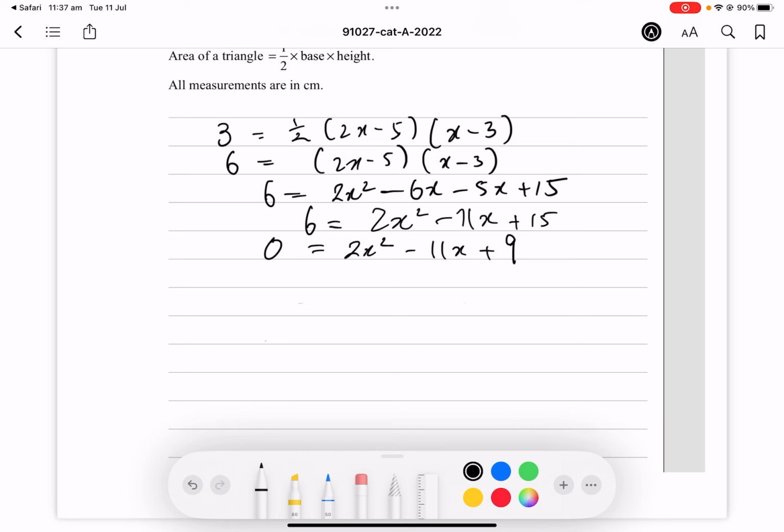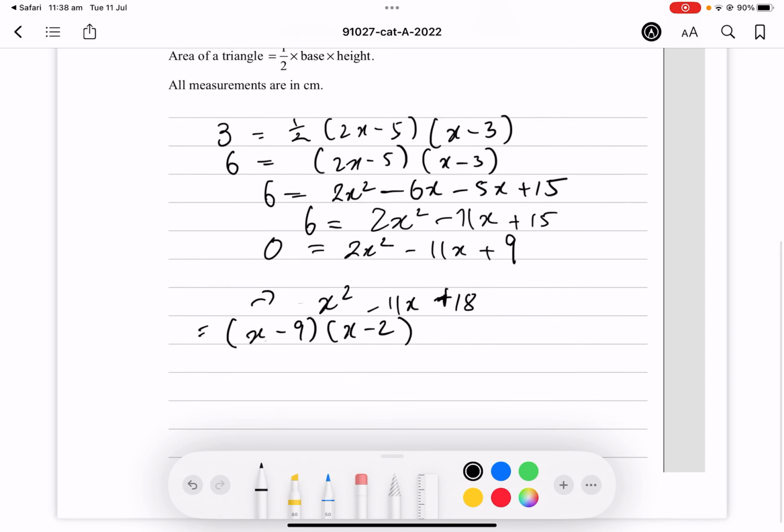So this will be converted into x squared minus 11x plus 18, since 2 times 9 is 18. And now we want to factorize this one. We have two numbers that add to negative 11 and times together is positive 18. That's simply x minus 9 and x minus 2, the factorization of this polynomial.